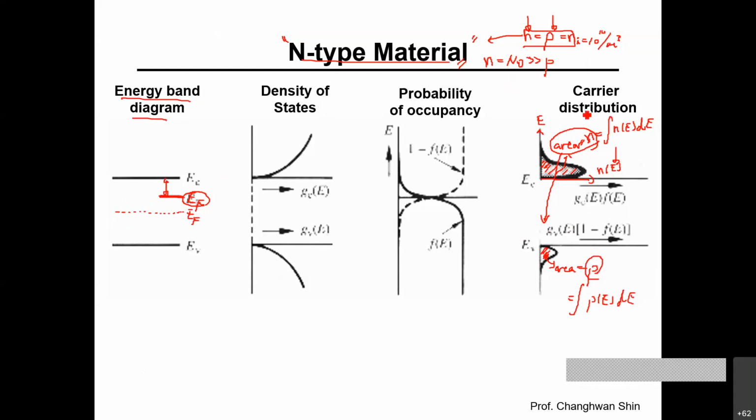And to know the carrier distribution, we need two pieces of information, one of which is the density of states for N-type silicon material, the other of which is the probability of occupancy, the probability of finding an electron in each energy state in N-type silicon material.